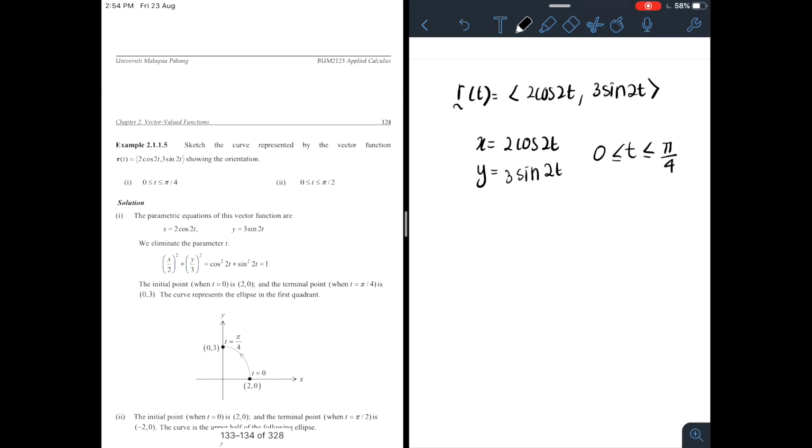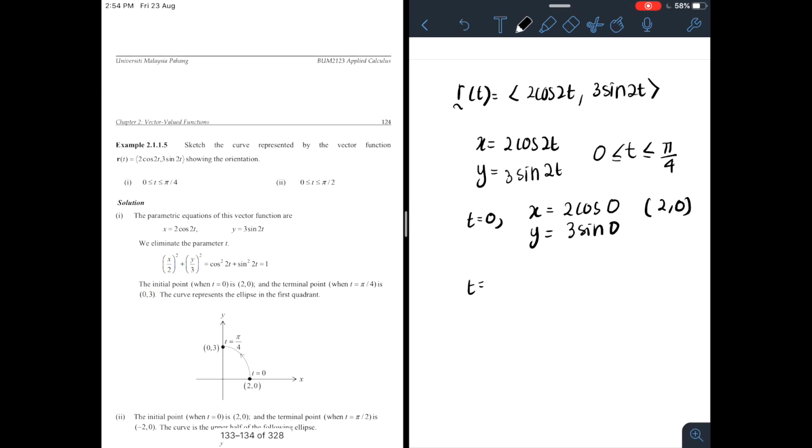So right now you have to solve the parametric equation based on the range of t given to you. If t is equal to 0, x is equal to 2 cosine 0 and y is equal to 3 sine 0, so you will have (2, 0). So it will start at point (2, 0).